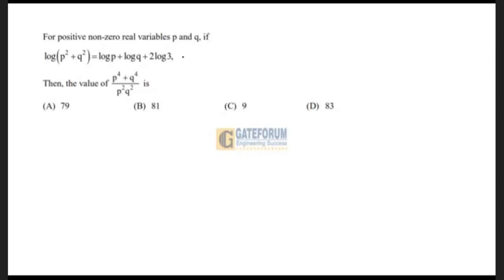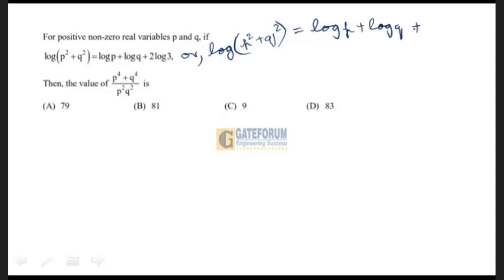Now, this statement can be written as log of (P square plus Q square) is equal to log P plus log Q plus log 9. Why 9?